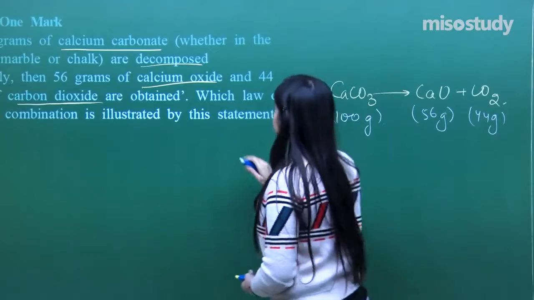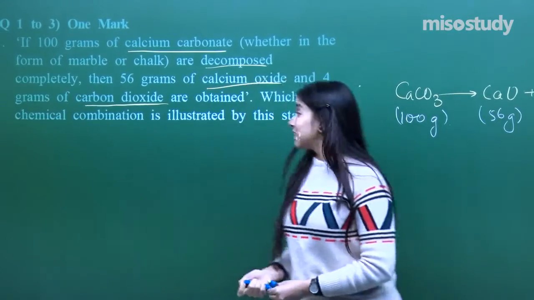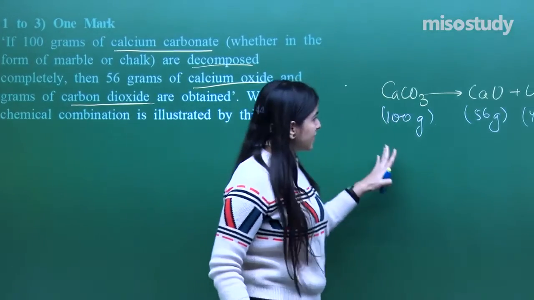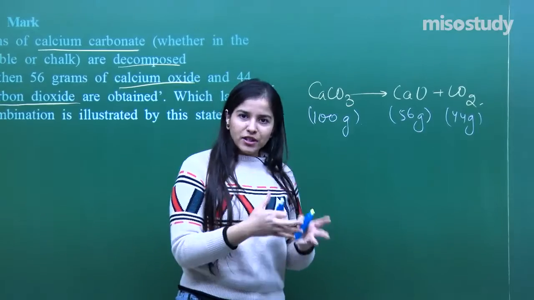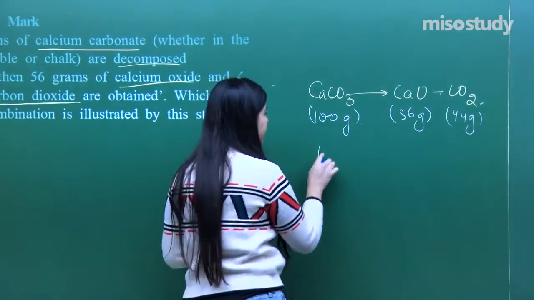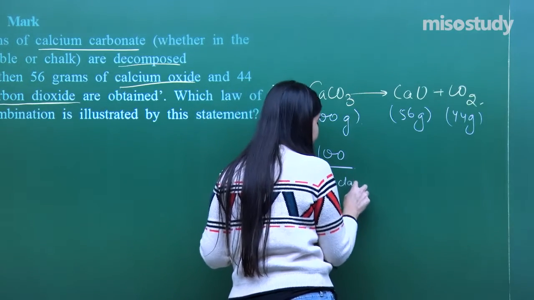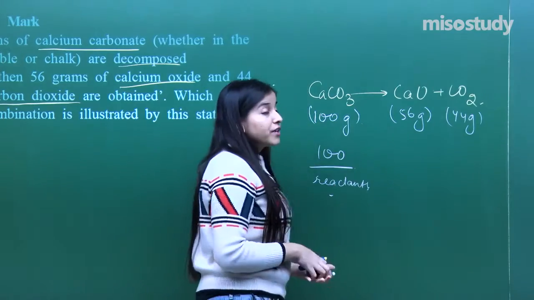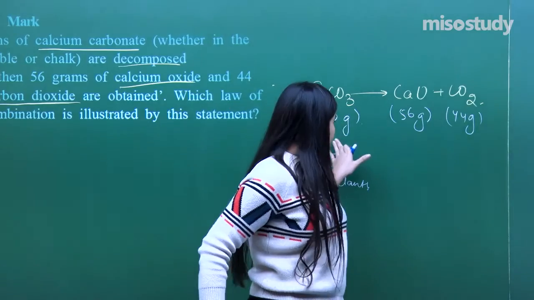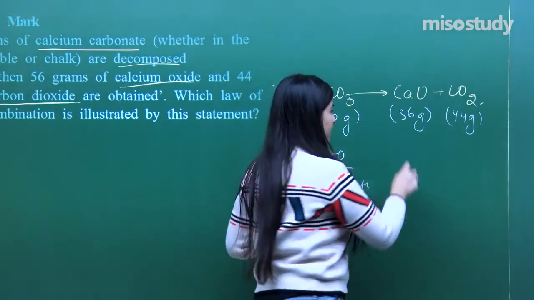What they are asking is which law of chemical combination is illustrated by this statement. Can you tell me any guesses? What they need is just the justification of the mass on both sides. So let us calculate. 100 is the total for the reactants, and as per the law of conservation of mass, the total mass on the reactant side will be equal to the total mass on the product side.